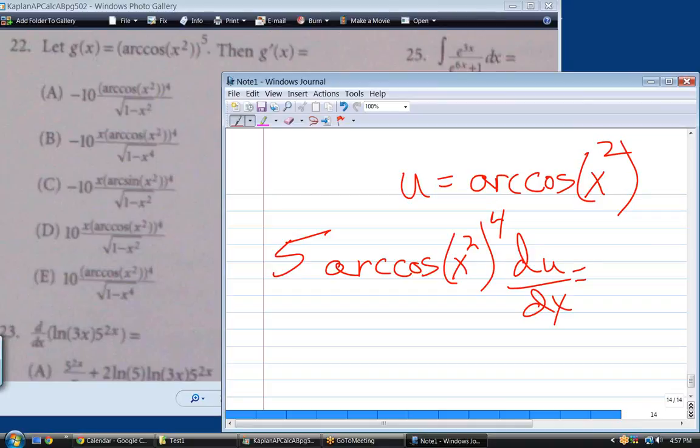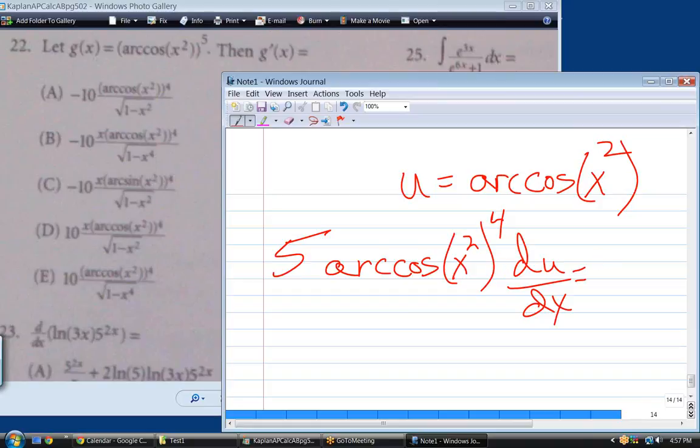Well, what's the derivative of the arc cosine? It's the derivative of the inside divided by the square root of 1 minus x squared. But in this case, it's negative also.